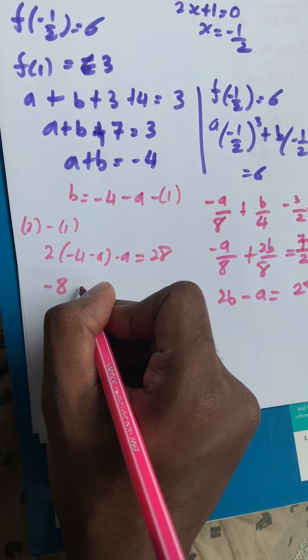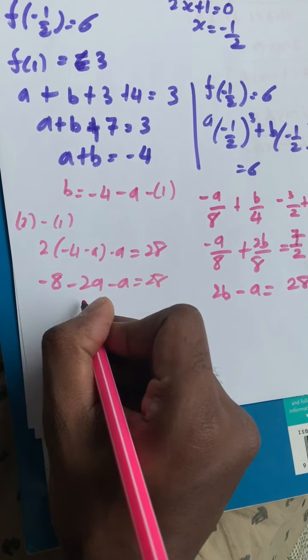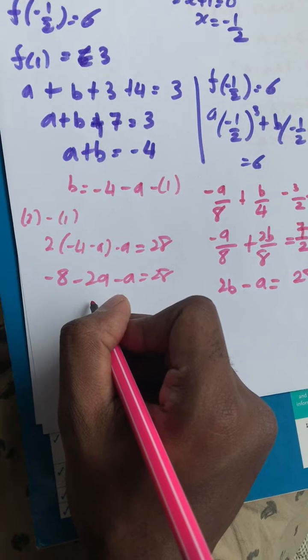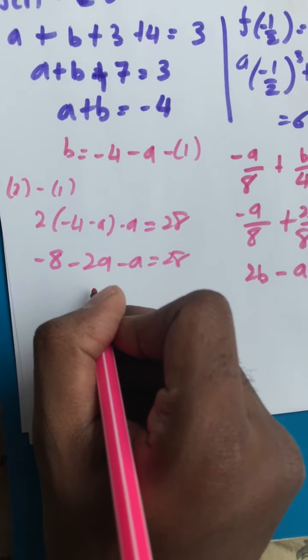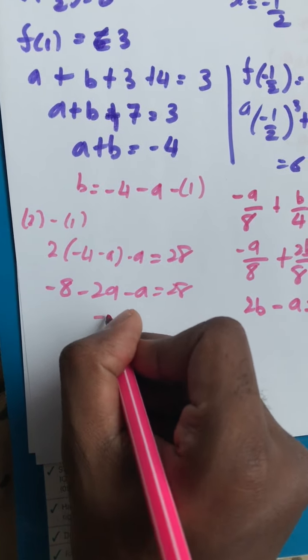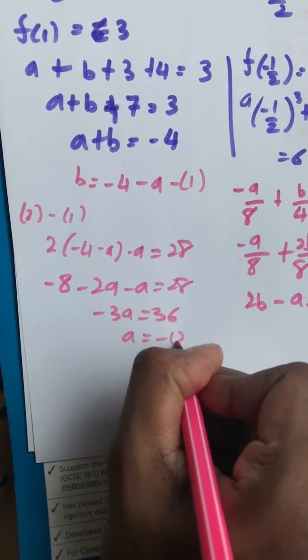Negative 8 minus 2a minus a equals 28. Negative 8 you shift there, and you get negative 3a equals 36, and a equals negative 12.